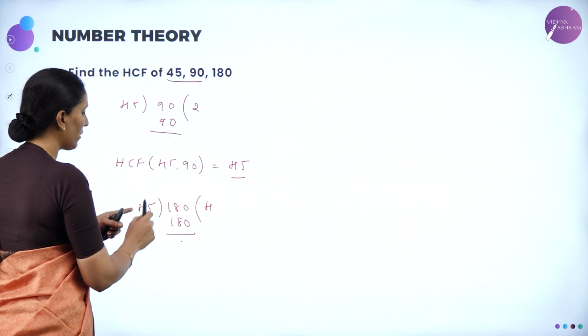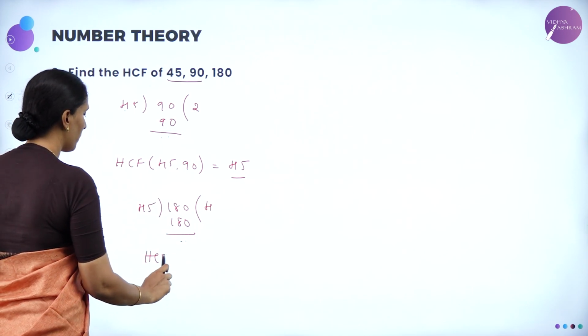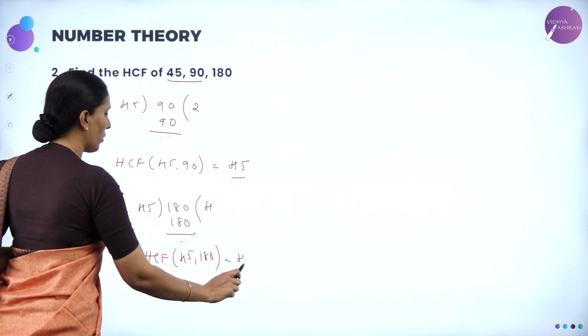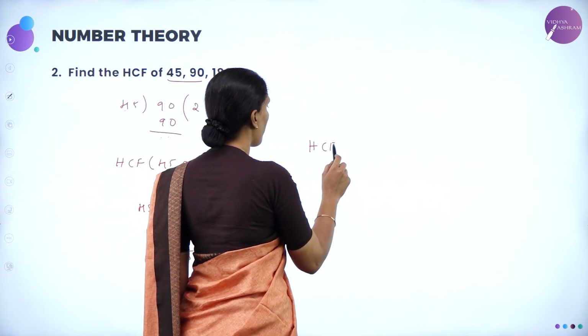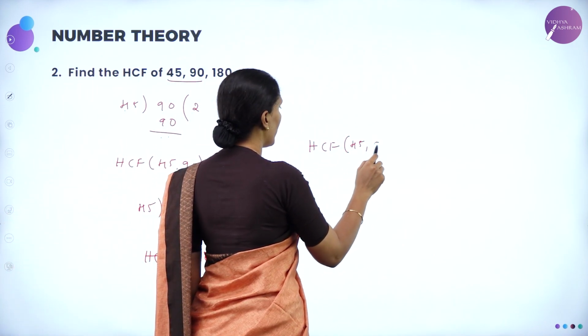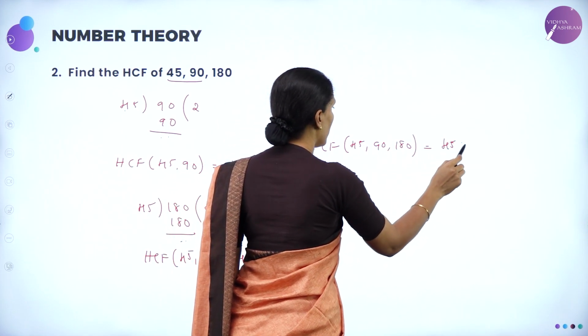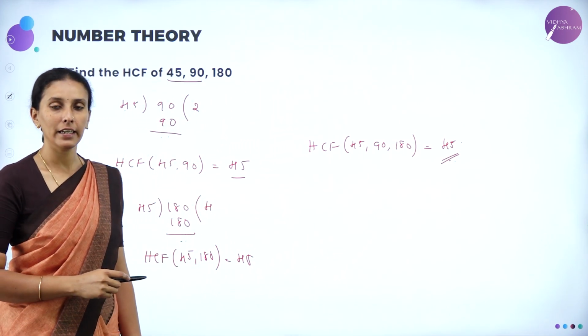So clearly 45 divides 180 also, which means the HCF of 45 and 180 is also 45. So clearly the HCF of all the three numbers 45, 90, 180 is equal to 45. So 45 is the common divisor which divides 45, 90 and 180.